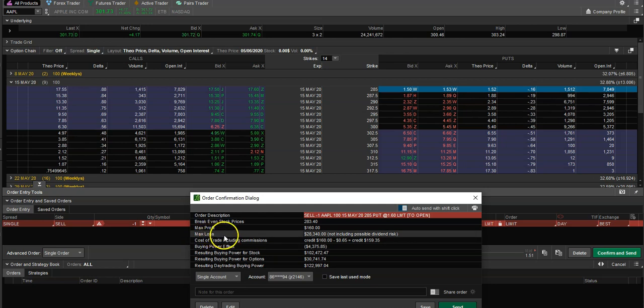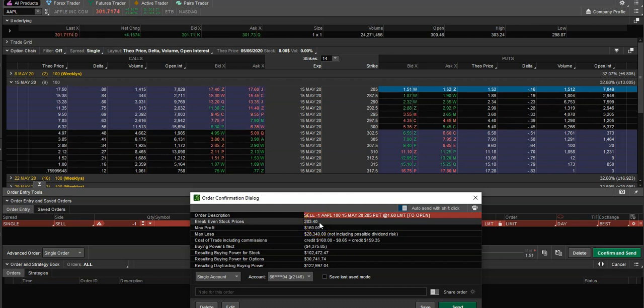Now, my max loss is the stock could go all the way to zero. Remember, I actually have substantial losses all the way down to zero, because I have to be a buyer of 100 shares at 285, less the $1.60 that I collect, so my break even is 283.40.